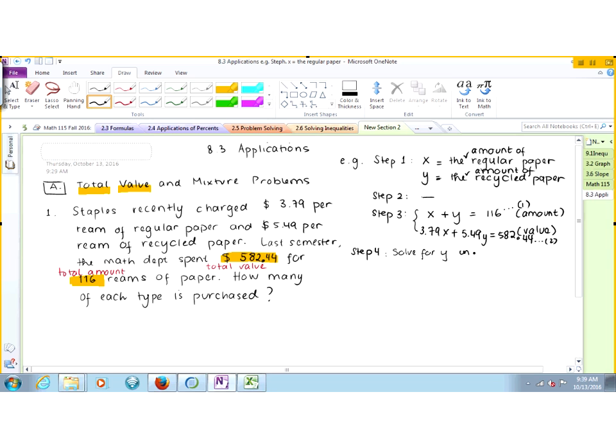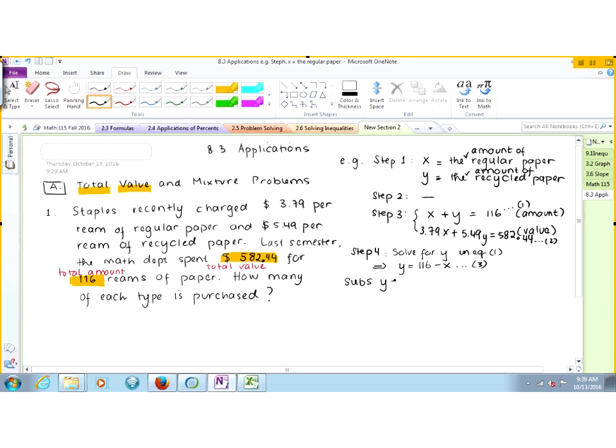Solve for Y in equation 1. So then what do we have? Y is 116 minus X, or negative X plus 116. That's fine. All right, this is equation 3.